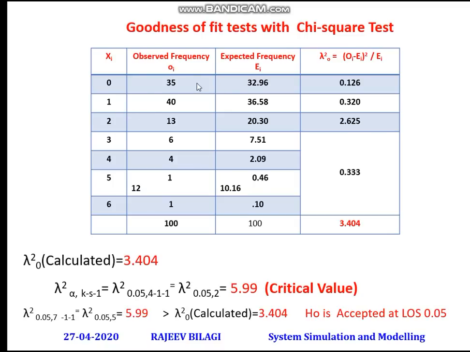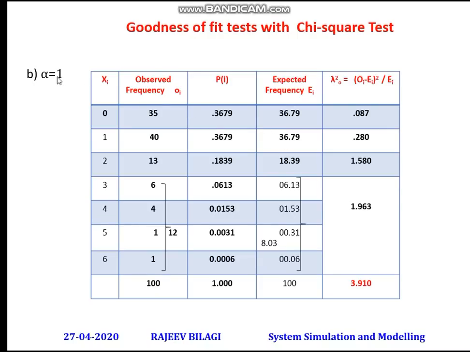Here with alpha equal to 1, the expected values 0.613, 1.53, 0.31006, all three are less than 5. So I am going to add them with the next adjacent cell. Those will be put together in one cell, along with the corresponding observed values. Then there are 4 different cells, so the value of k is now 4.